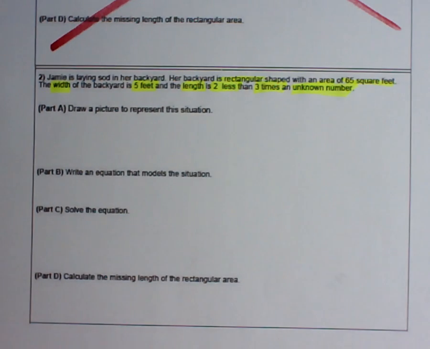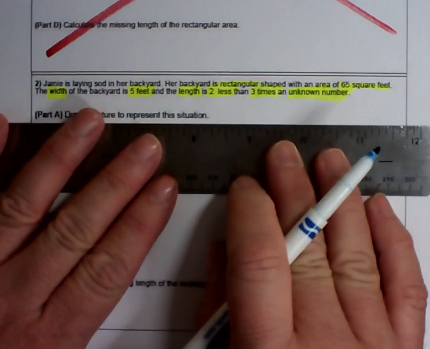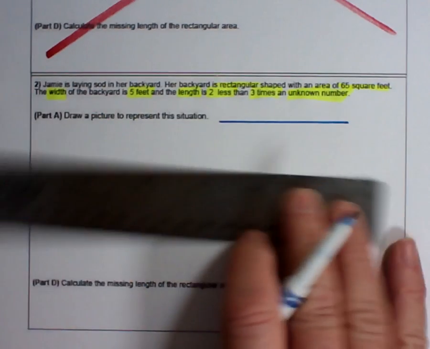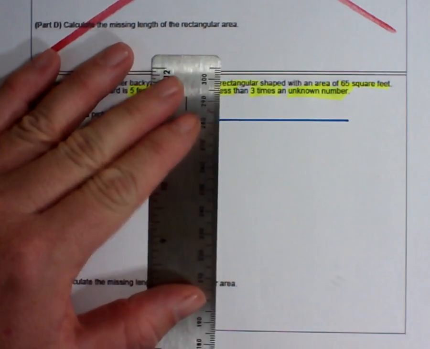So first we need to draw a picture. And the picture is a rectangle. So let's draw a picture. The rectangle has 90-degree angles.